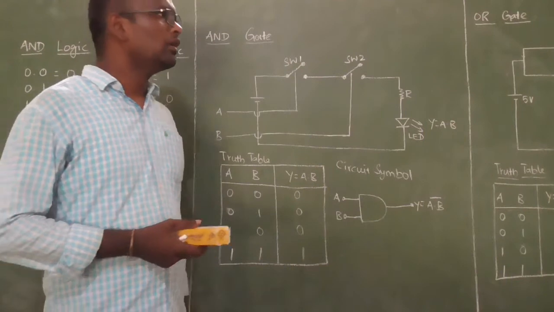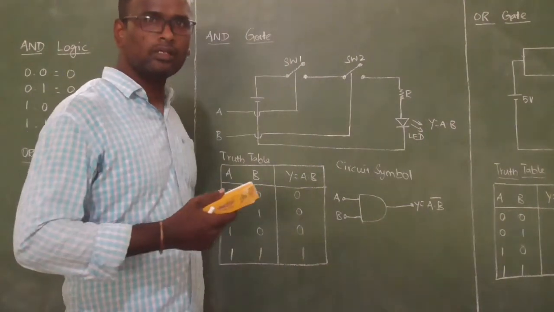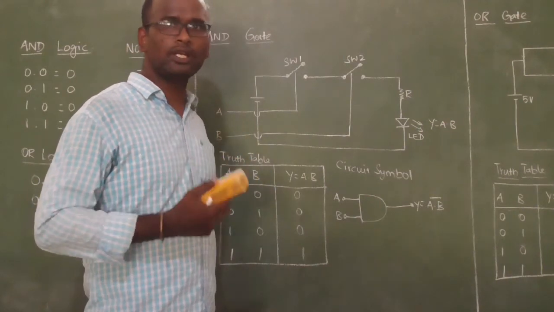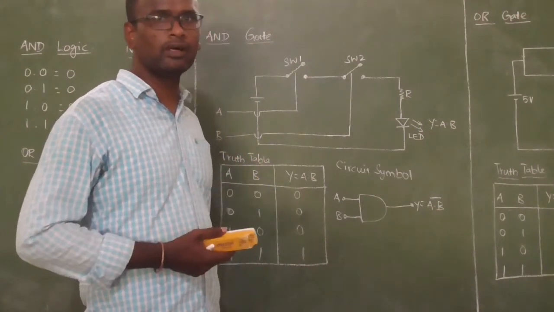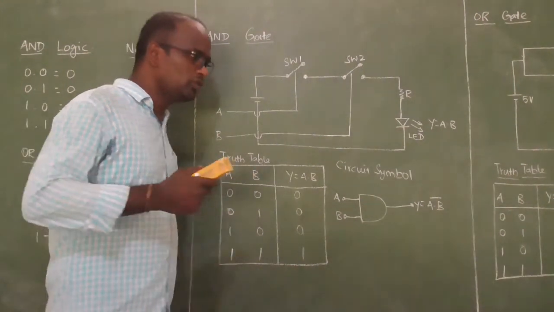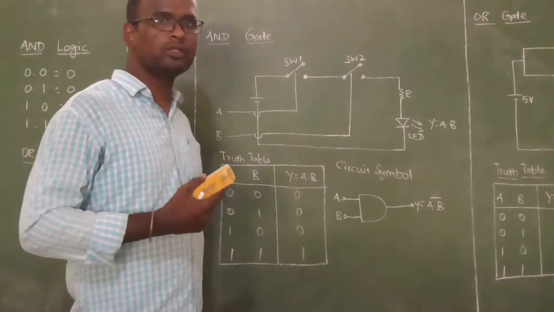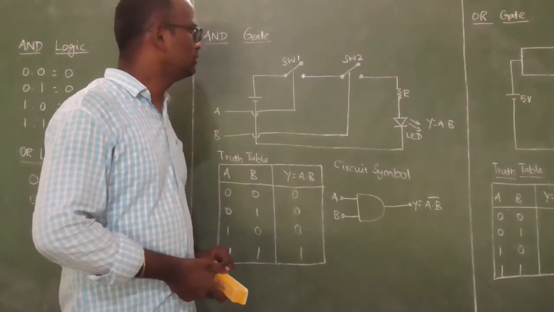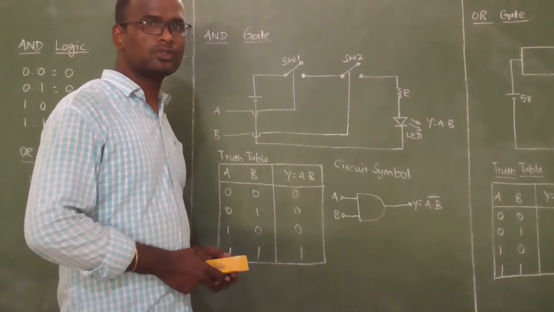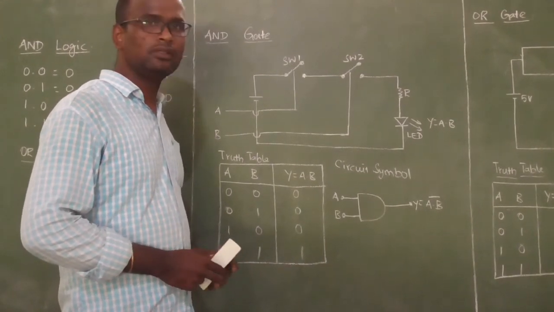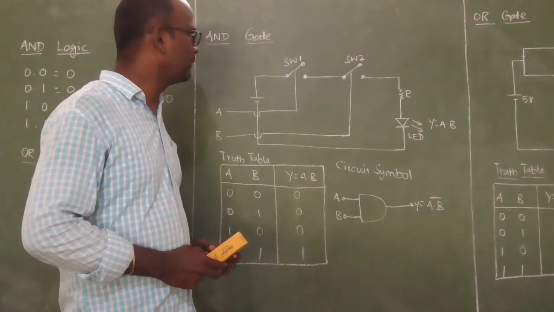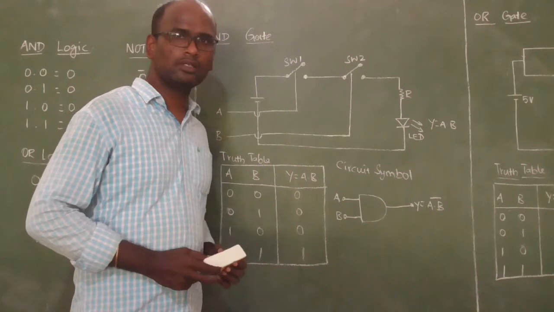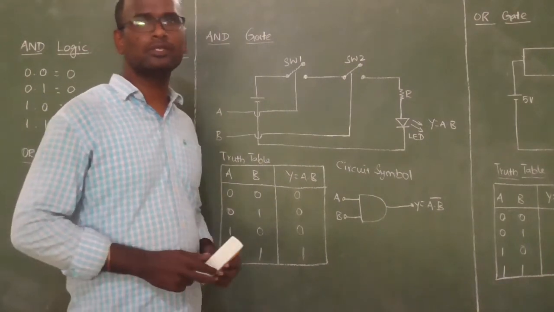By blocking and allowing the flow of current, we can perform binary logical operations as well as binary arithmetic operations. To block and allow the current flow, we have to use switches. So digital logic circuits are based upon switching circuits, switching theory.